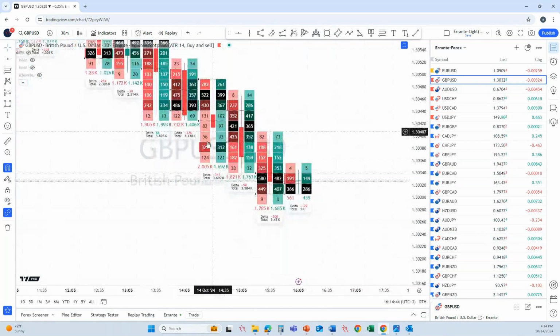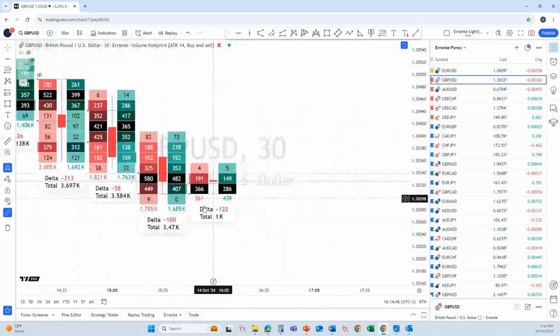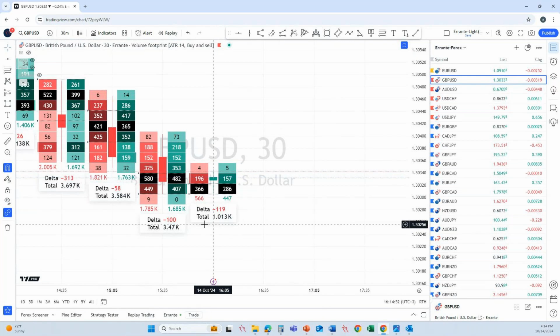Okay, and now you see just beneath these columns, we have two metrics, delta and total. At the bottom of the chart, you see the term delta here, which represents the difference between the ask volume and the bid volume. The delta shows whether there were more aggressive buyers or sellers at the specific price level.